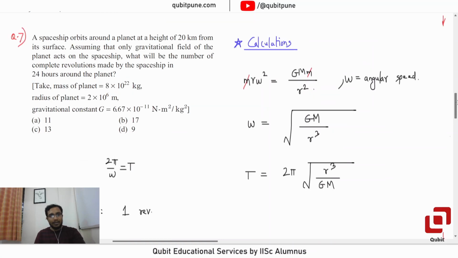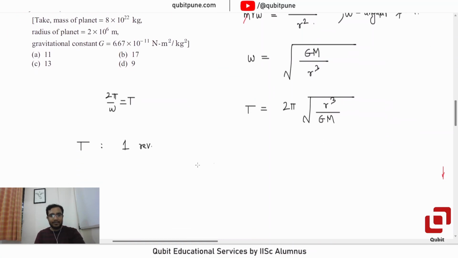In 24 hours, that means 24 into 3600 seconds, how many revolutions will it complete?